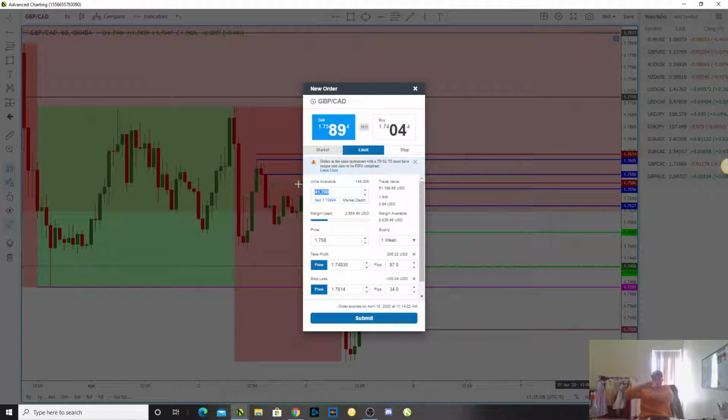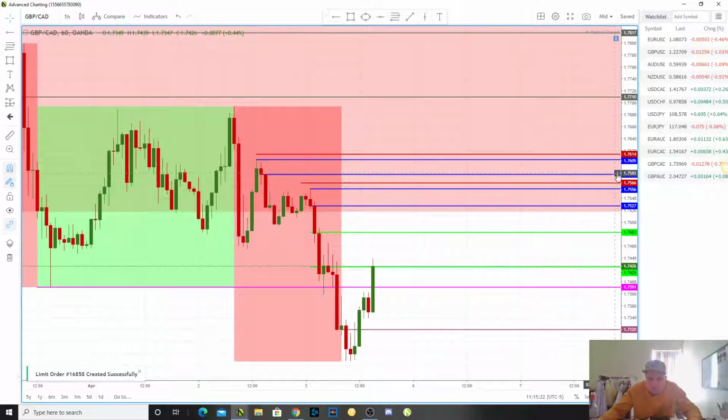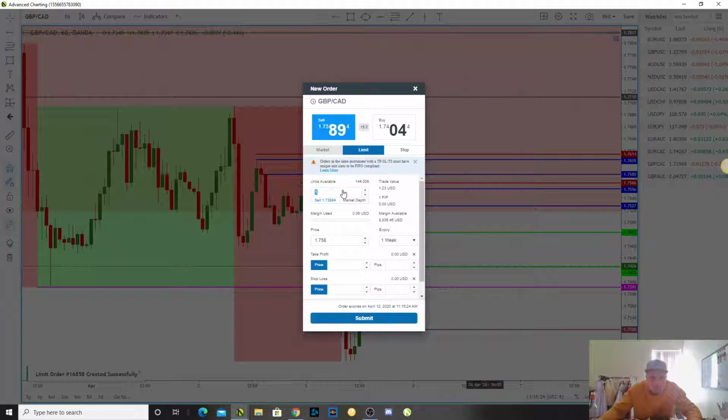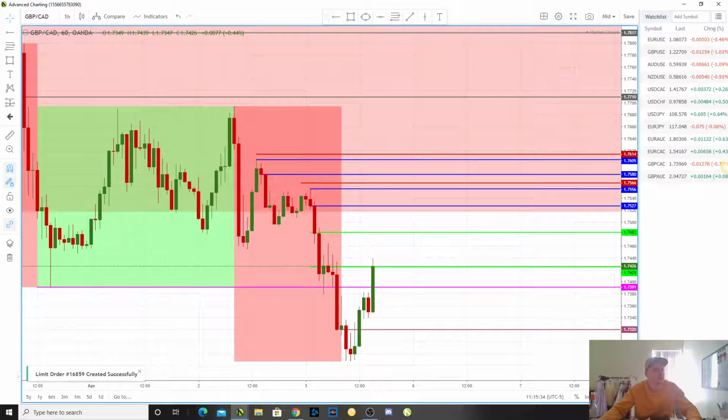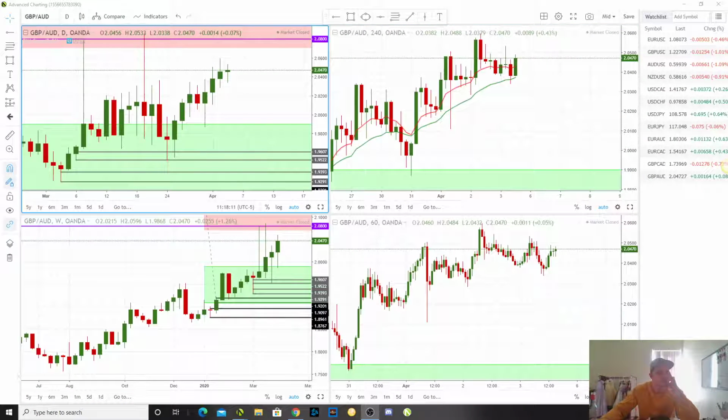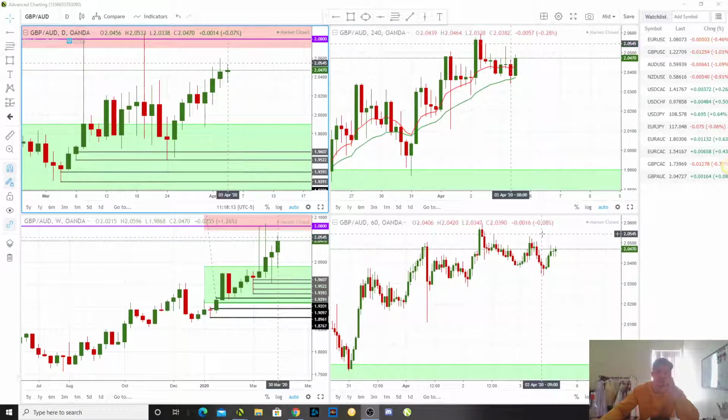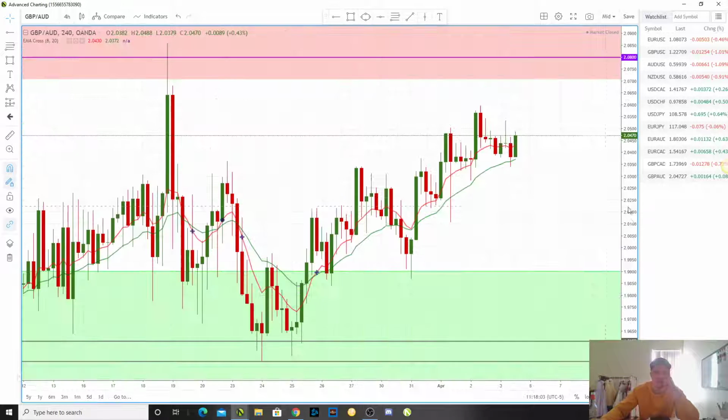So this will be 21 and 20. Shoot, 21 and 27. There we go. Alright, so we're almost done here. Last pair that I'm going to do today.